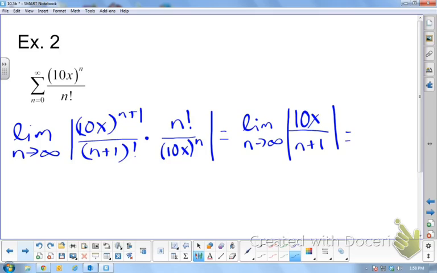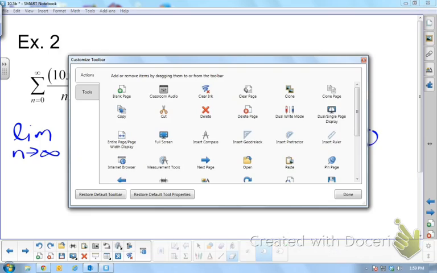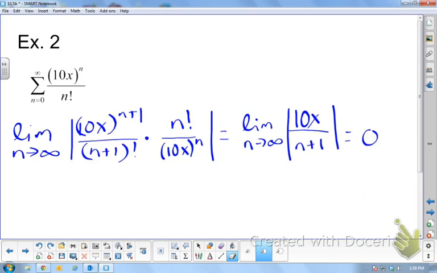So now, if I plug in infinity, what is going to happen? It's going to be 0. Why do you say 0? Because it's just a number on the top and then infinity on the bottom. This definitely goes to 0 no matter what x is. So remember, when that happened, I didn't even touch anything that time.